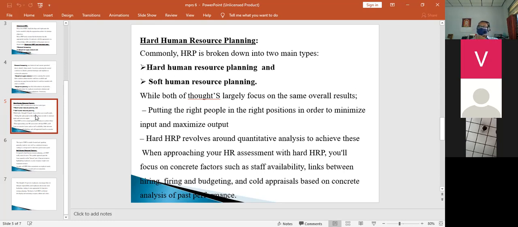Assume that for the past 3 years the employee has been in a good position. So his performance accuracy is around 90. Then you compare with the present year.